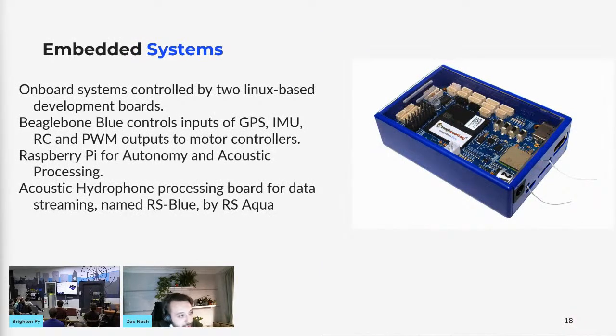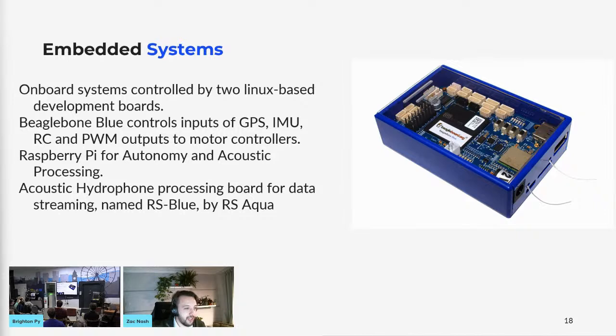So inside the box, we've got these 2 Linux-based development boards. Raspberry Pis you've almost definitely heard of, and that's for the autonomy and the acoustic processing. But Pis aren't the best for input-output controls. So that's where the BeagleBone Blue comes in. Now, you've probably not heard of the BeagleBone Blue, I'd be surprised.